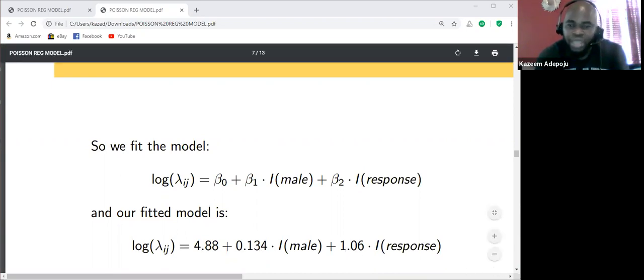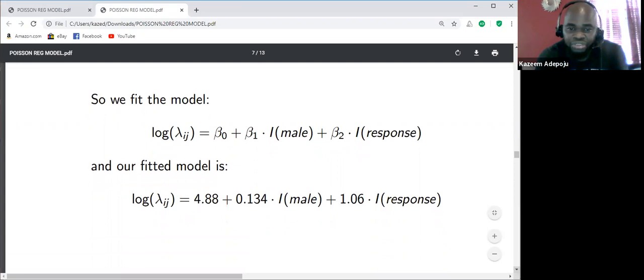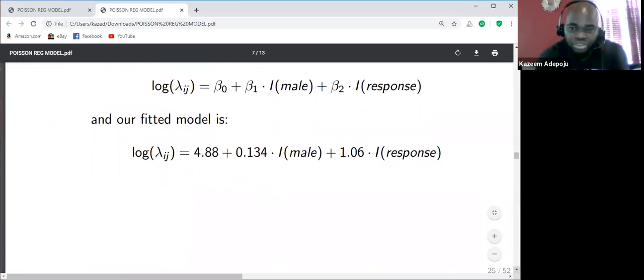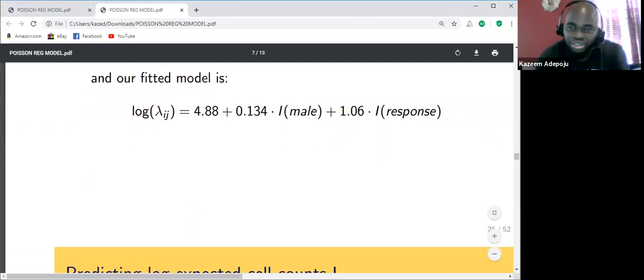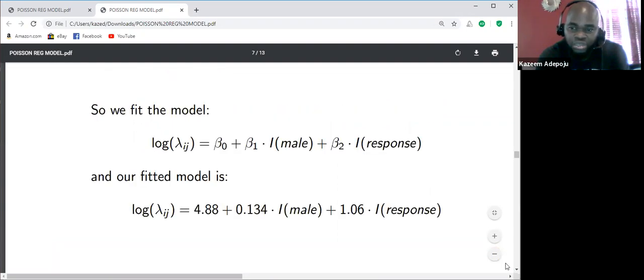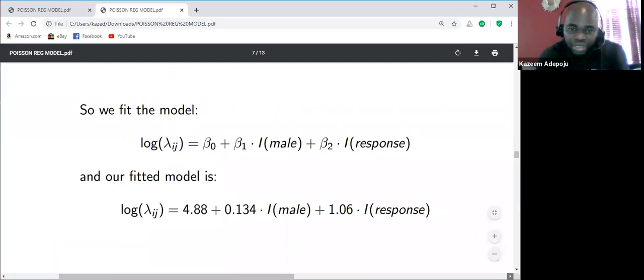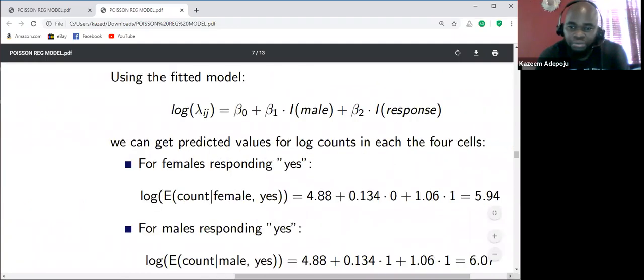Now that I have this model, the next thing we can do is interpret the model. Take a look at this.